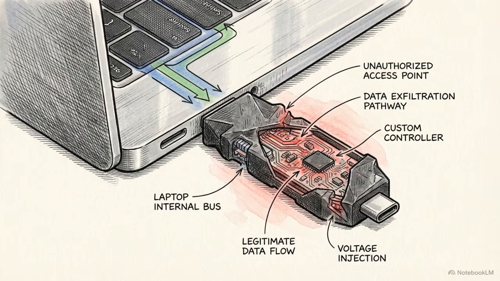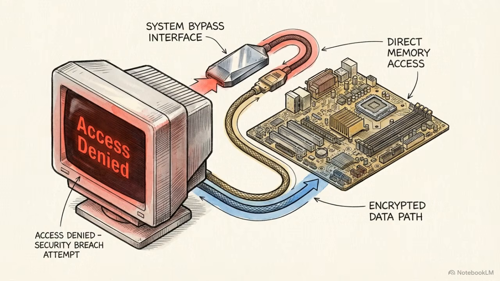Research shows a malicious peripheral device can hijack this path. Once connected, it autonomously reads or modifies arbitrary regions of the computer's memory. Because the host CPU is circumvented, all OS-level user authentication, access control policies, and memory encryption protocols are rendered useless.